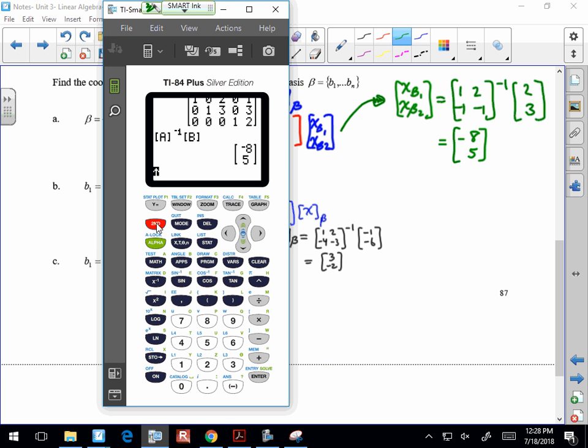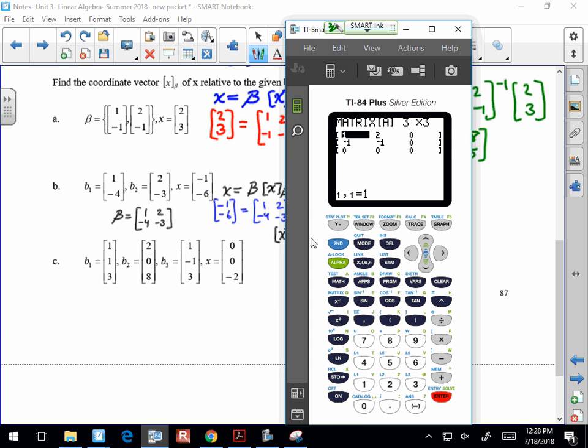This operation, for C, I'm just going to have a different A and B. 1, 2, 1, 1, 0, negative 1, 3, 8, 3.